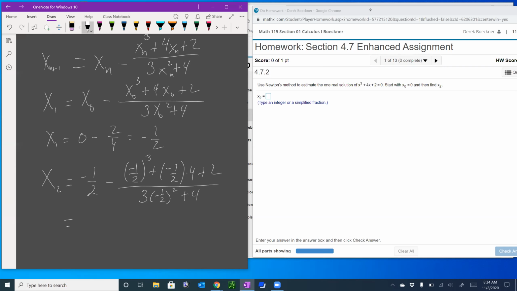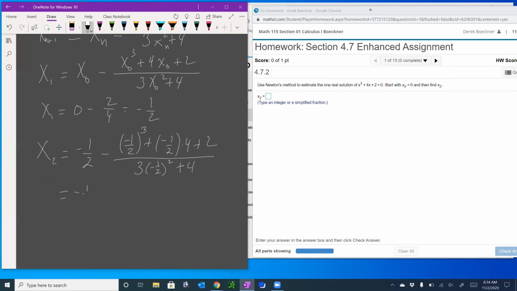Now I have to do some arithmetic. This is minus 1/2 minus minus 1/8 minus 2 plus 2 over 3/4 plus 4.